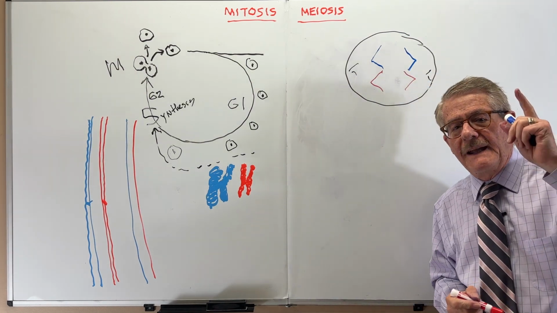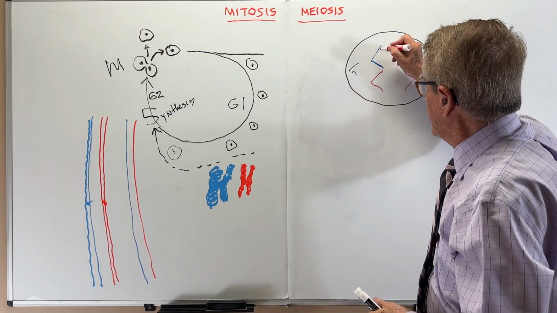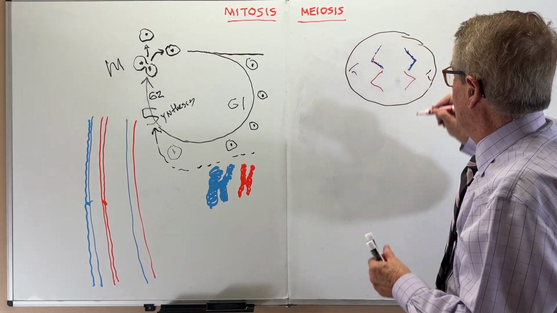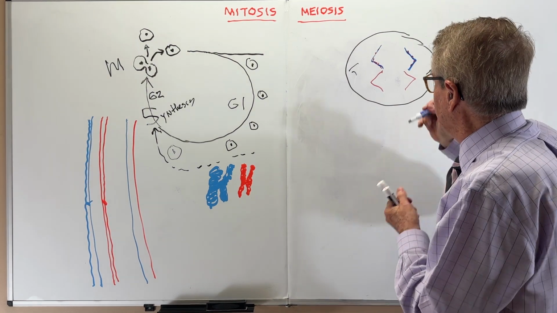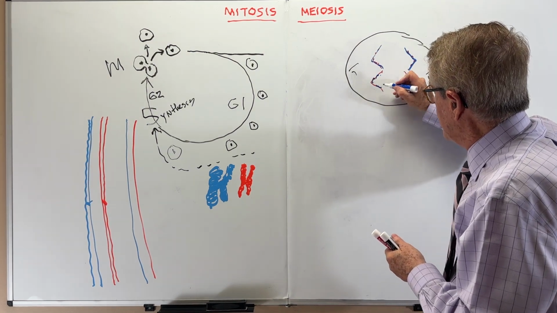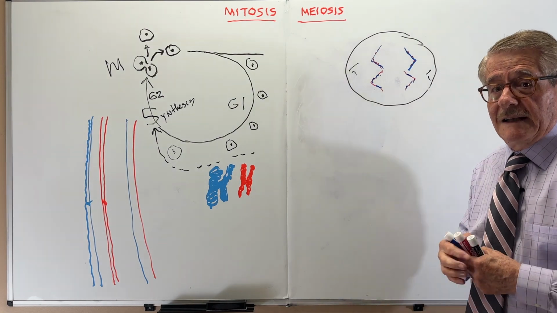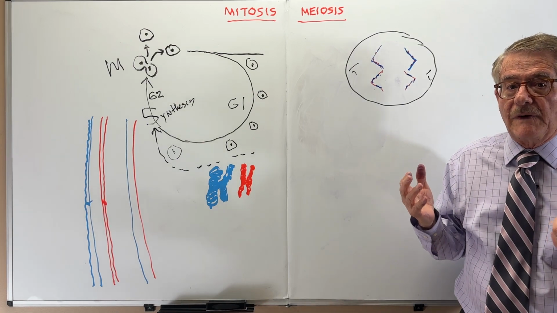However, there is a big difference from mitosis. The paternal chromosome is going to have regions that correspond to the maternal chromosome, and the maternal chromosome is going to have regions that correspond to the paternal chromosome. So that makes it a variation.